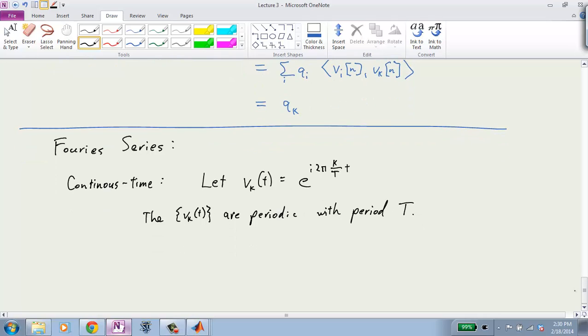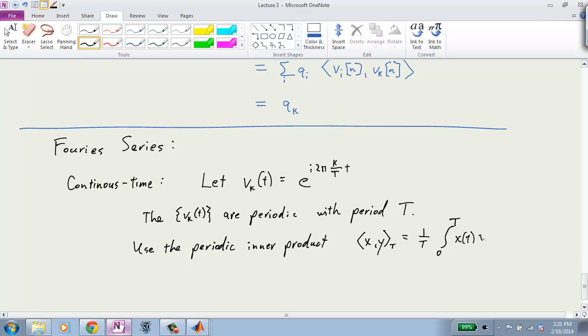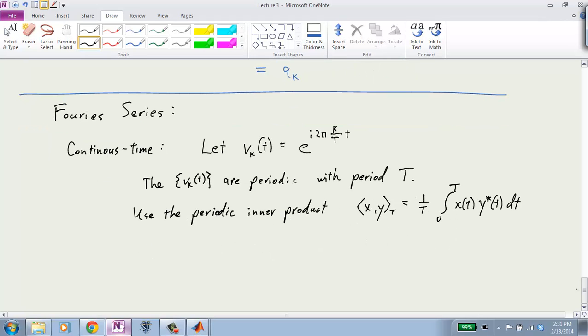Now let's use the inner product we defined for periodic signals, which said that the inner product between x and y with period T is 1/T times the integral from 0 to T. So that was our inner product. Let's just check, are these really orthonormal?